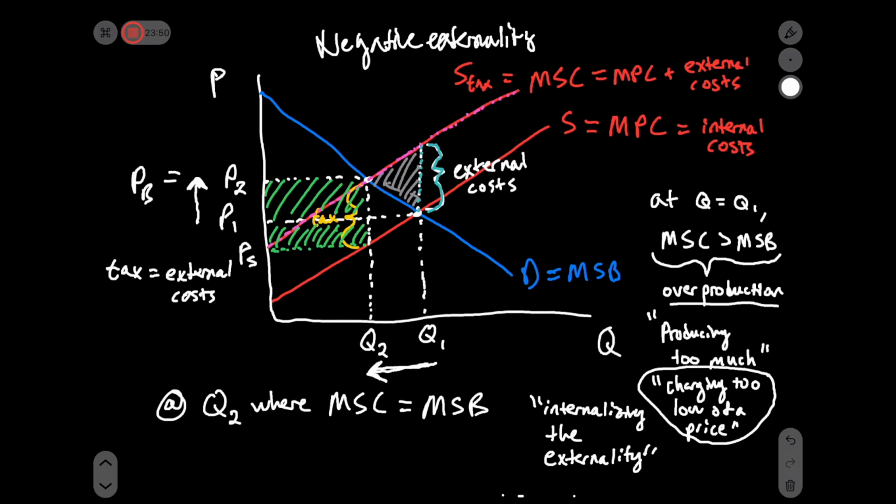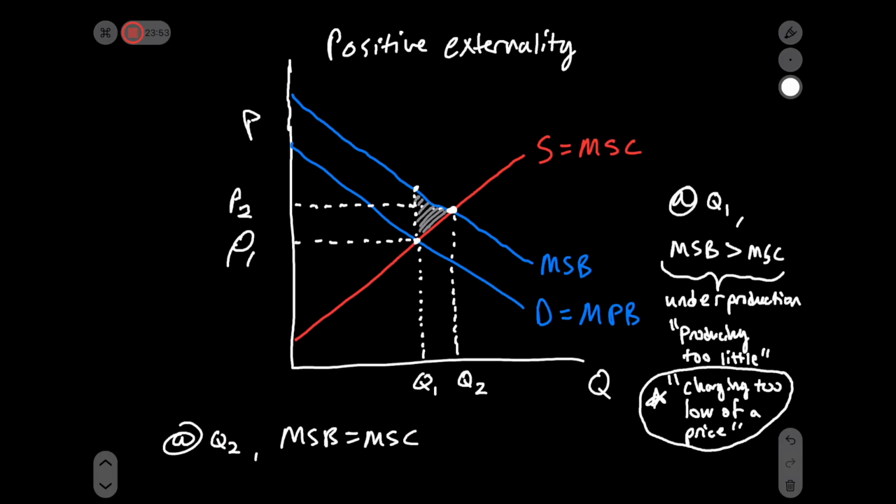In this case, we've got a deadweight loss because of this positive externality that results from the fact that not enough people are being vaccinated. We would like to increase the quantity, and as a result, the price here is going to go up.